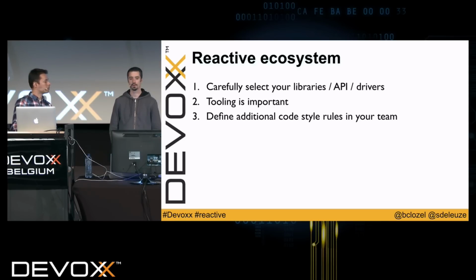Maybe just something about the ecosystem. As I said, the ecosystem is currently evolving. So not every database, for example, has a reactive driver. Some of them have an RxJava 1 based driver, and the ecosystem is slowly evolving toward a reactive streams based reactive API.